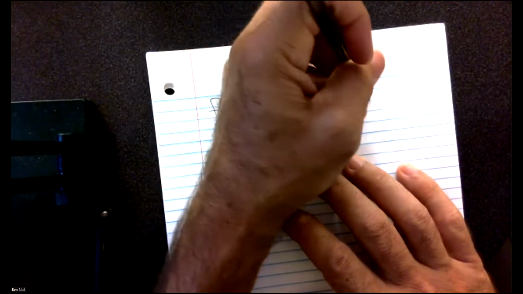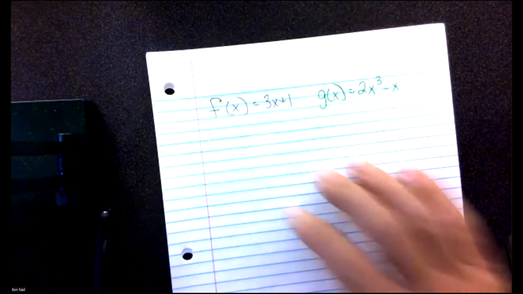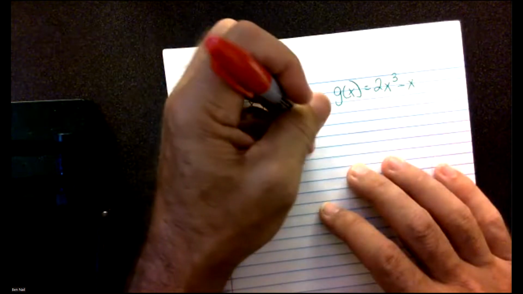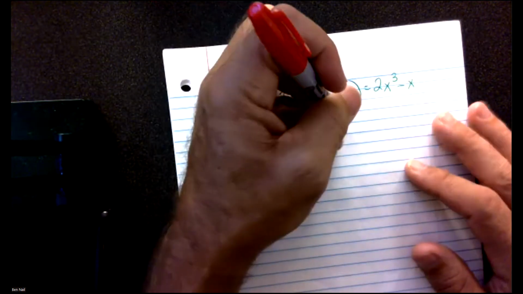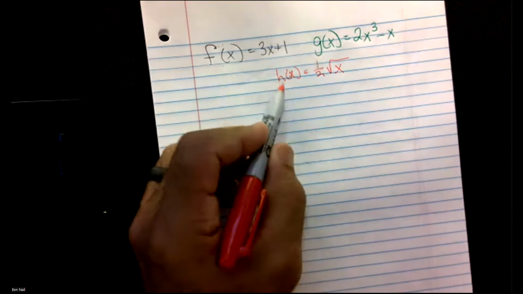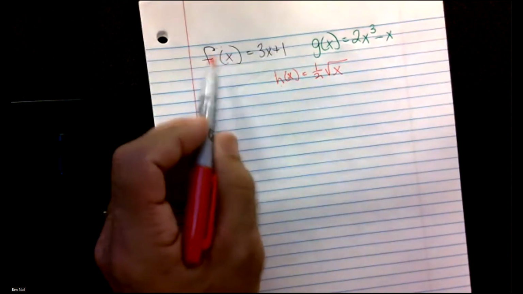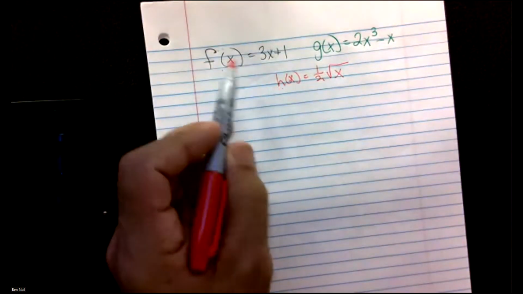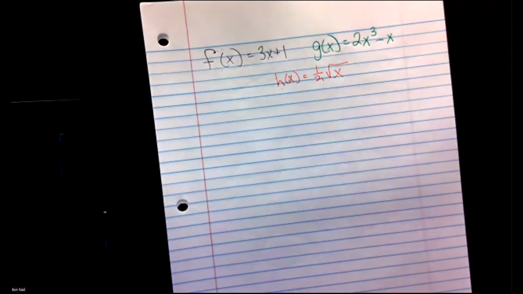But if they said like f of x equals 3x plus 1, and then g of x equals 2x cubed minus x, and h of x equals 1/2 square root x. Okay, they can give you multiple functions. Typically, we use f of x. Okay, however, these play the same. This just gives you a label so you know which function you're dealing with.